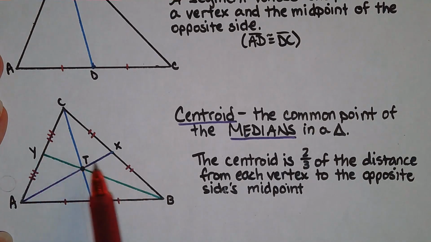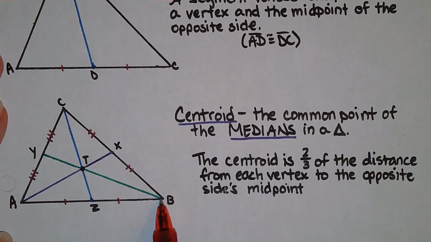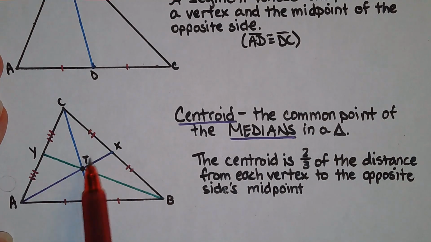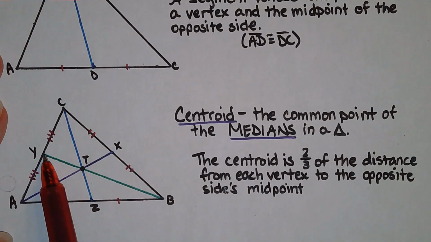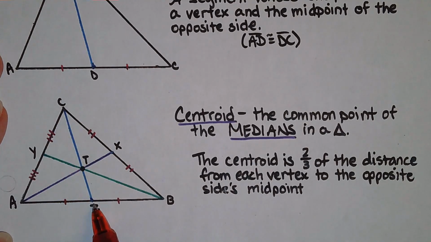So whatever this distance is of this green line segment, from B to T takes up 2/3 of that distance, and from T to Y takes up 1/3 of that distance. Same thing with the blue line segment. Whatever that segment's length is, from C to T takes up 2/3 of that length. T to Z takes up 1/3 of it. Okay, same thing here with the purple one.